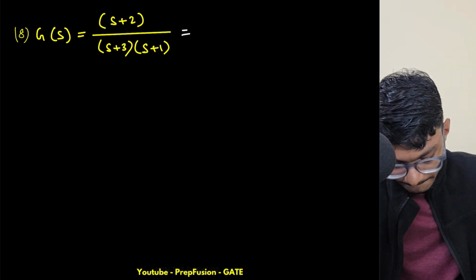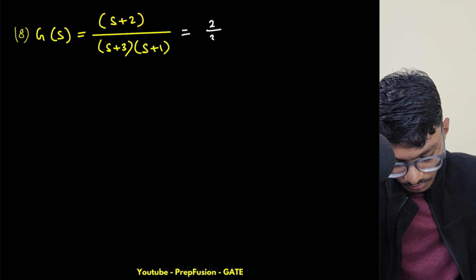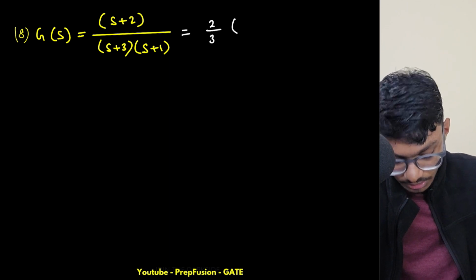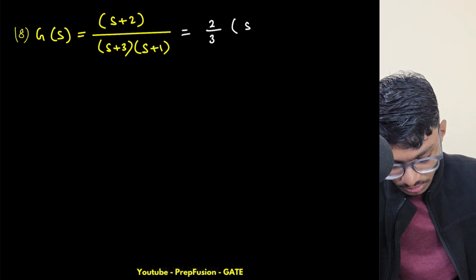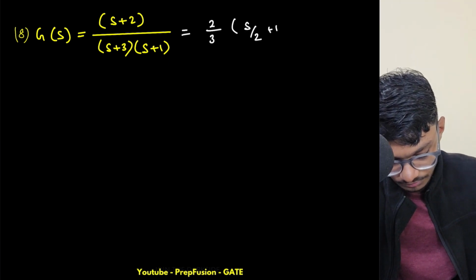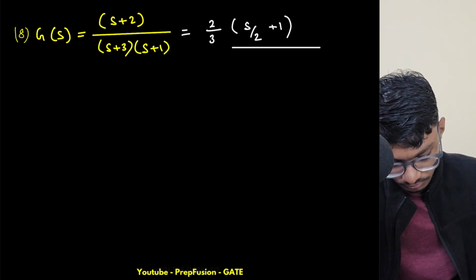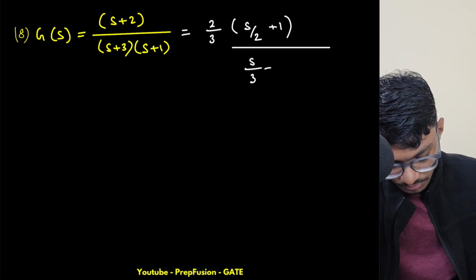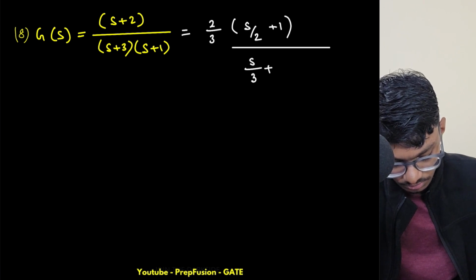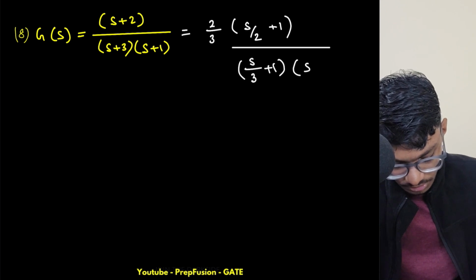So basically this is 2 by 3, and let's first convert into general time constant format. So I take common 2 and 3. This is s by 2 plus 1. This is s by 3 plus 1. And this is s plus 1.